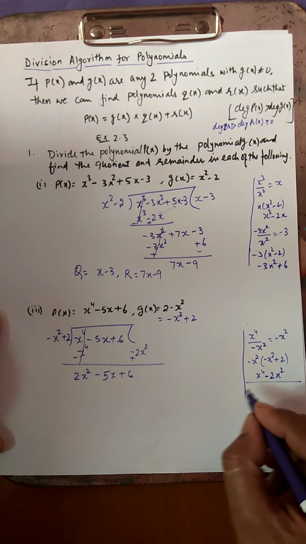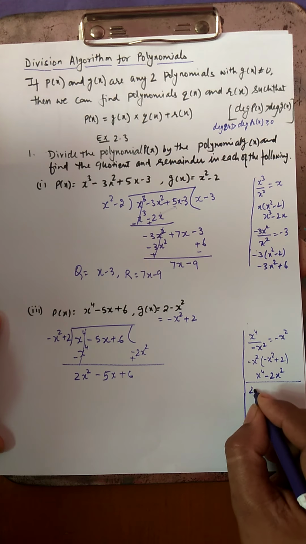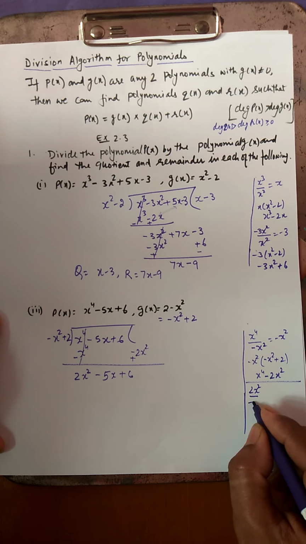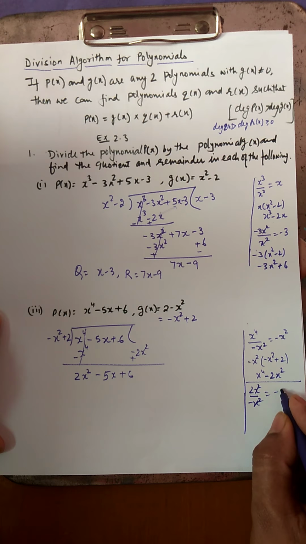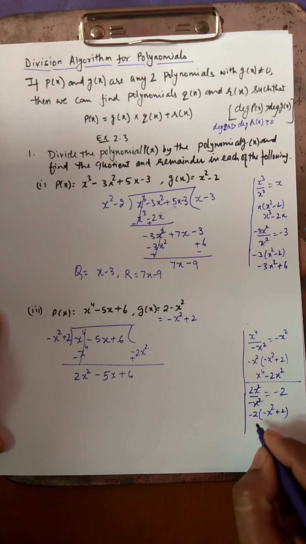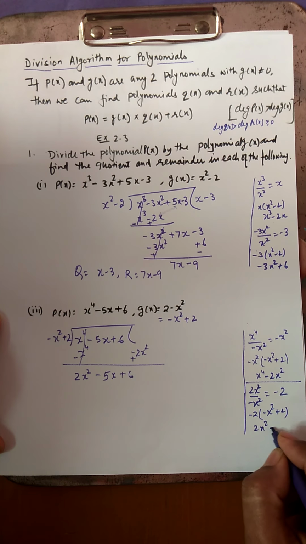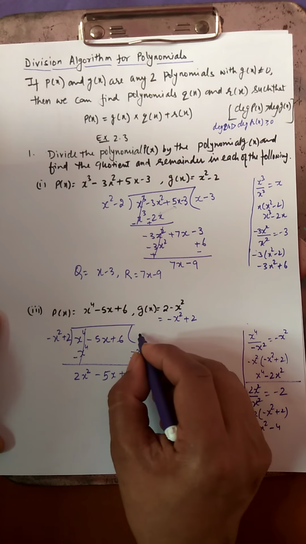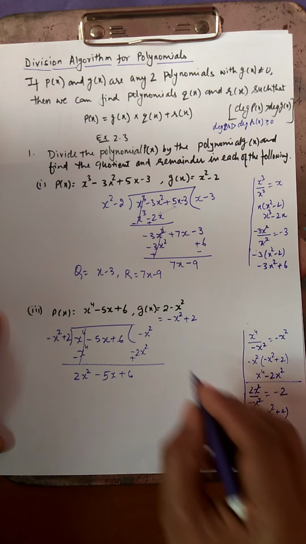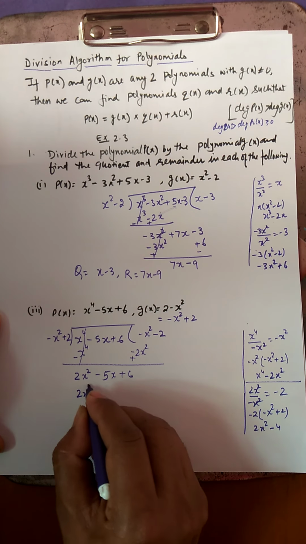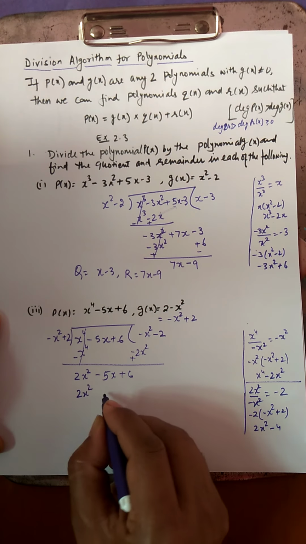Now again you go with the first term of the dividend and the first term of the divisor. So now you are getting minus 2. Minus 2 should be multiplied by the divisor. So this is 2x square minus 4. First it was minus x square, and this time this is minus 2. So this becomes 2x square minus 4.